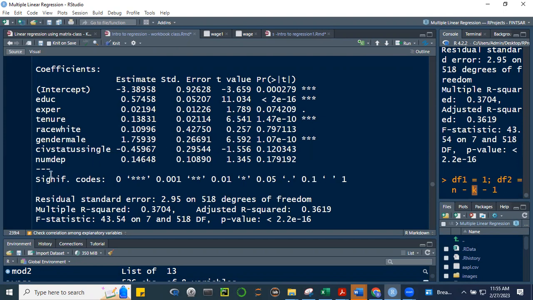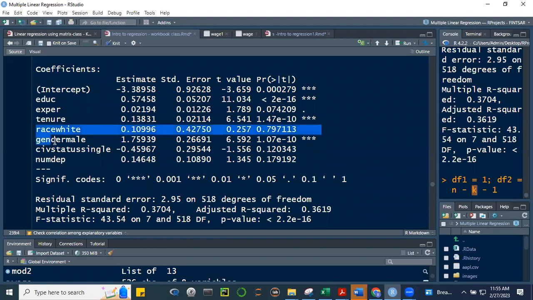And then here, civil status single, again assuming it's significant. On the average, single people receive $0.46 less, kasi negative to eh, less than their married counterparts, ceteris paribus.